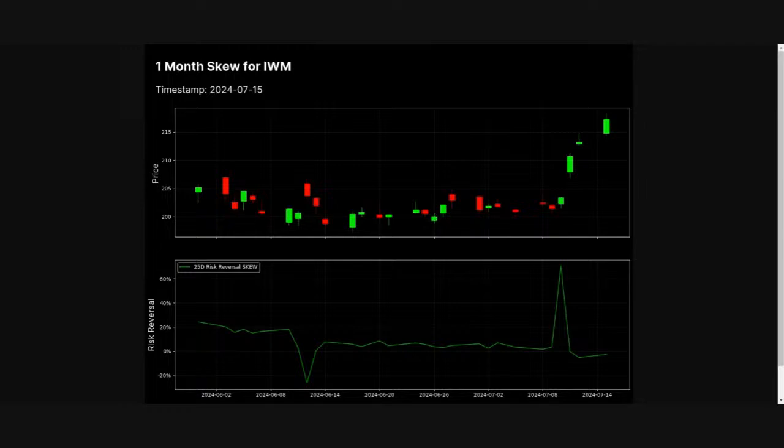Okay, so here's the new model, the 5-day swing model. So what this model is telling us, go ahead. Sorry, I don't think we can see a screen. We can only see the 1 month skew. That's weird. Okay. I'm not sharing the right screen. You're right.